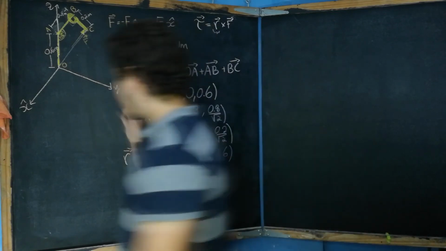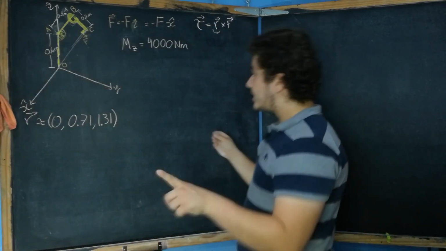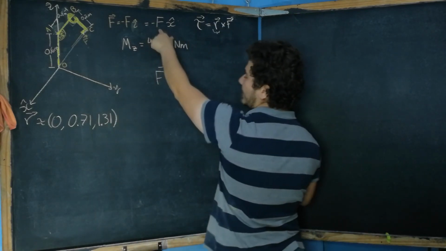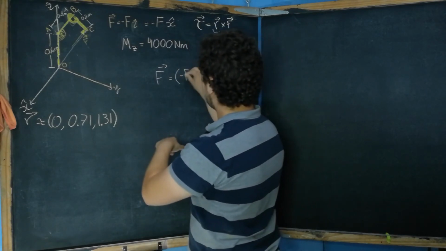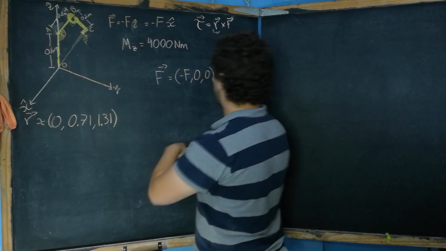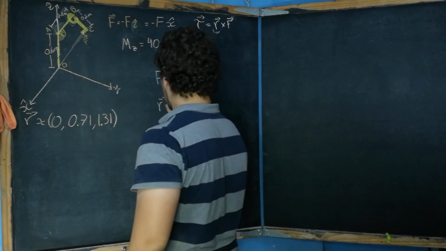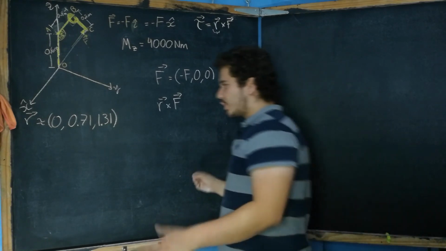Now, I'm going to rewrite it here. We know that F is given by minus the magnitude of F in x, so it is minus F, 0, and 0 in the y and z components. We calculate R cross F. How do we do this? It's more or less simple.